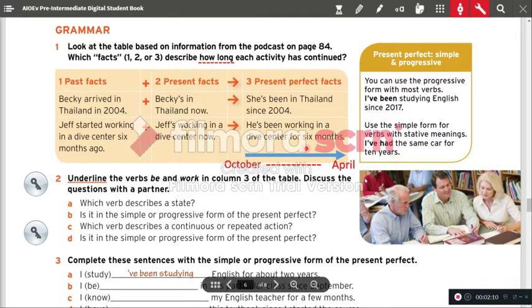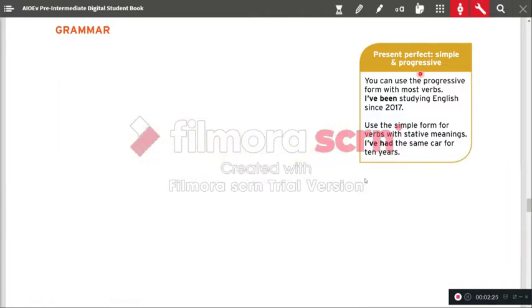Okay? Now, why is this so important? Because today's topic is about the present perfect, but we already saw the present perfect simple. Now we're gonna see the present perfect progressive, alright? In order to do so, let's take a little explanation about the differences of these two present perfect tenses.